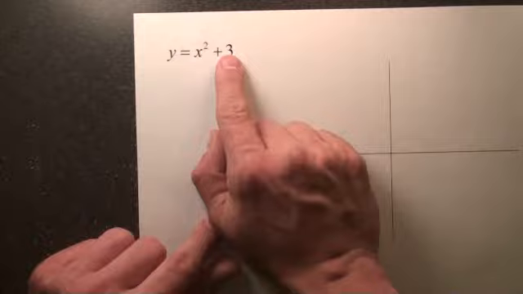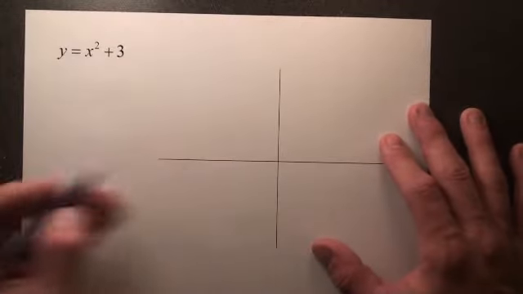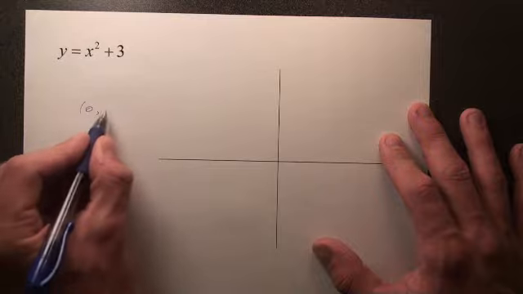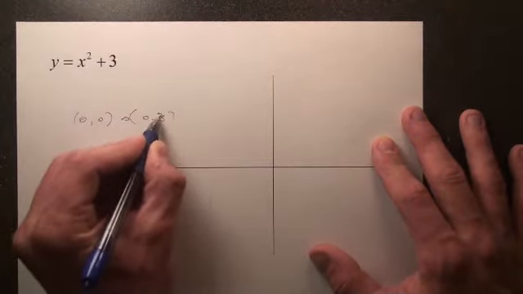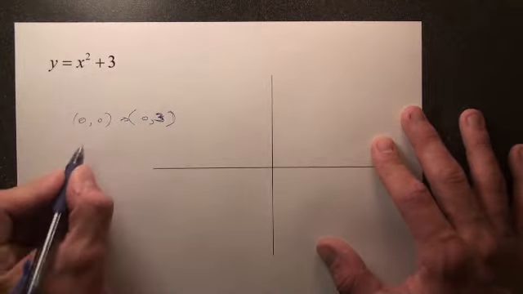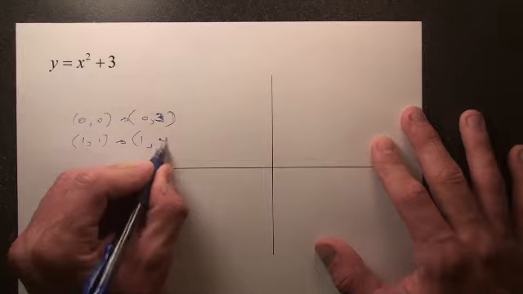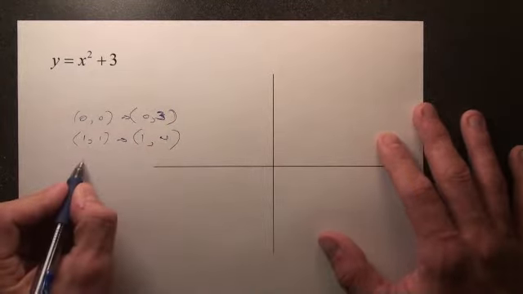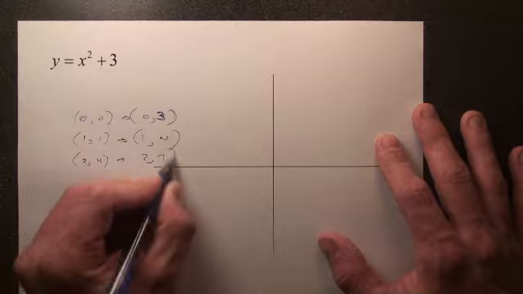Y values plus 3. So instead of 0, 0, what are we going to use? 0, 3. Okay? Instead of 1, 1, 1, 4, because we're going to go plus 3. Instead of 2, 4, 2, 7.